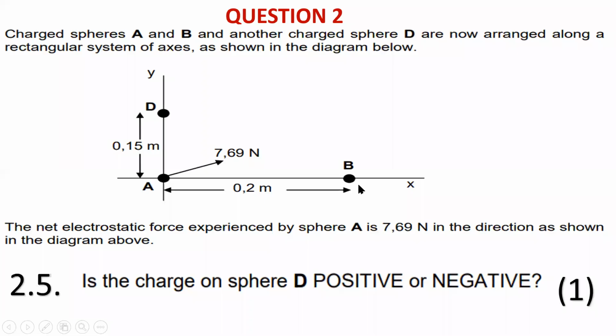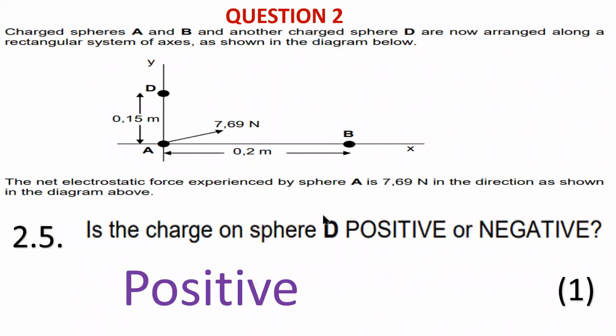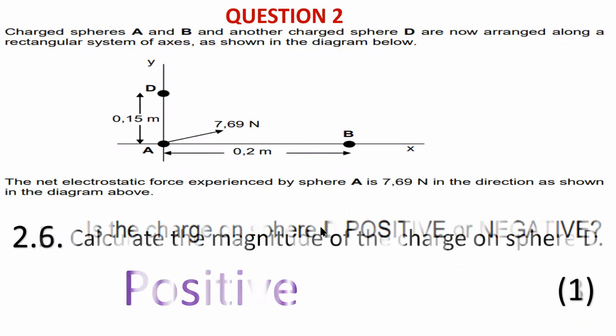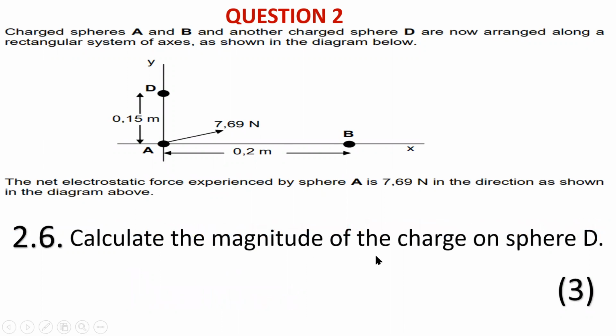All right, they're asking you the charge on D. The answer is positive. And then what's the next question? Calculate the magnitude of the charge on sphere D. They're asking you that. We know the net force on A is 7.69.